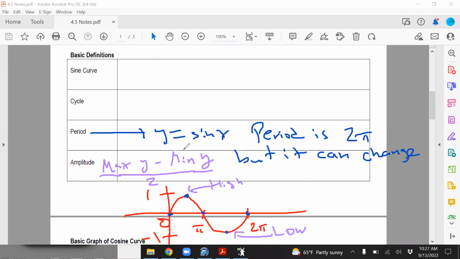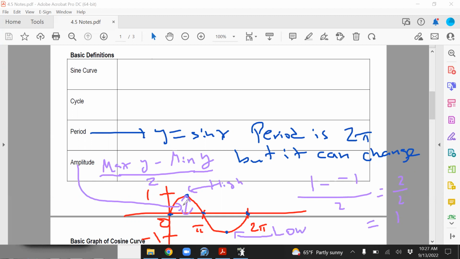2 over 2 is 1. 1 minus -1? Yeah. No worries, it's all good. So you get 1. So really the amplitude is just this. Sometimes what I personally do is I'll just take a point and see how far it gets, how long it is to get to the middle.